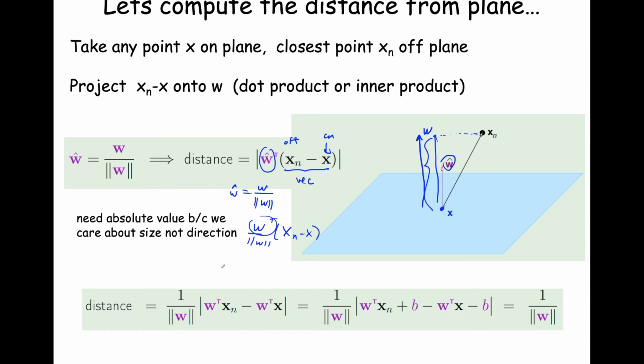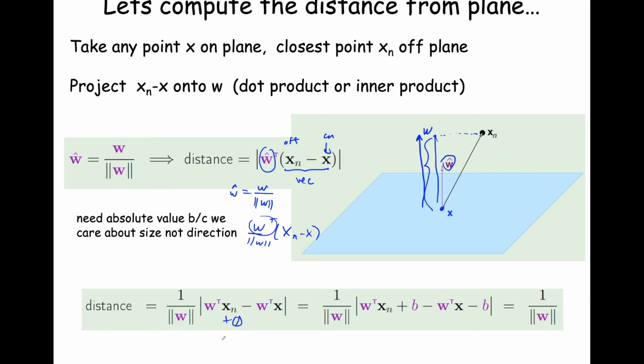Now, we're going to take the absolute value of this because we care about the magnitude, not the direction. We don't care if it's on the positive side or the negative side, so we're going to take the absolute value of this distance. Now if we add 0 to this expression, it doesn't change it mathematically.